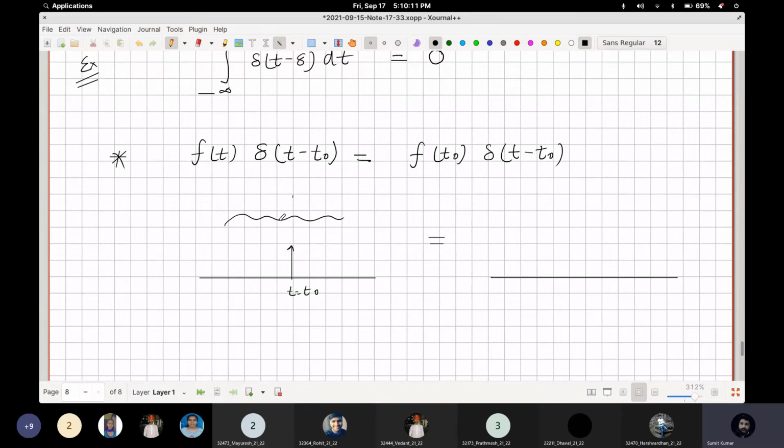So no matter what the value of the function is, you are multiplying by 0 everywhere, so everywhere it is going to become 0 except at t equal to t naught. And at t equal to t naught, what is the value of this signal? f(t naught), isn't it? And the amplitude of the impulse is infinity, but its area is 1, isn't it? So you are basically multiplying this one with f(t naught), that will become f(t naught). Okay, and let me put this under a bracket. So this is what you will be getting. Is this clear?